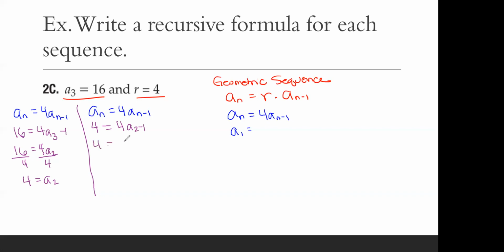So that would be 4 times a sub 1. So now this is going to be my first term. I would divide both sides by 4. So 1 is equal to a sub 1. So that means my first term is equal to 1. So now I have my recursive formula and my first term. Okay.